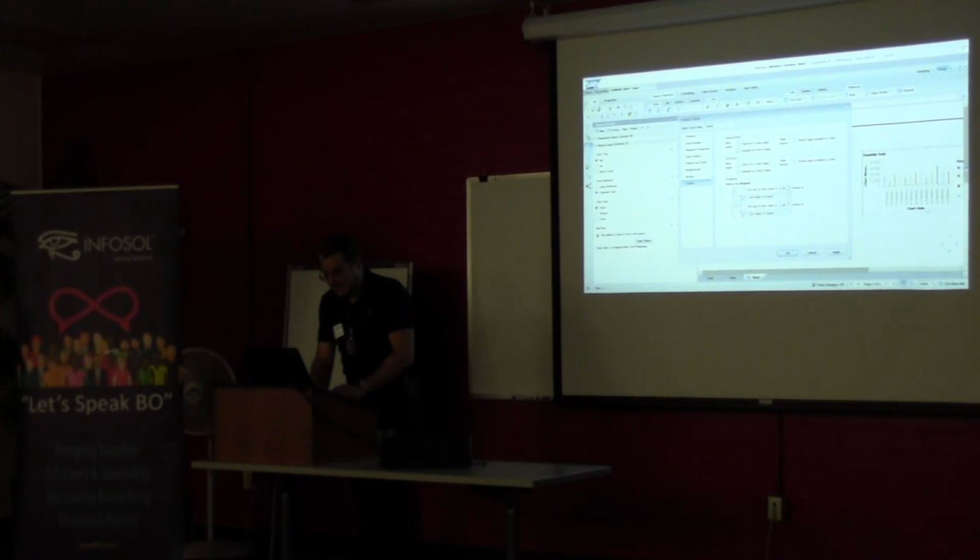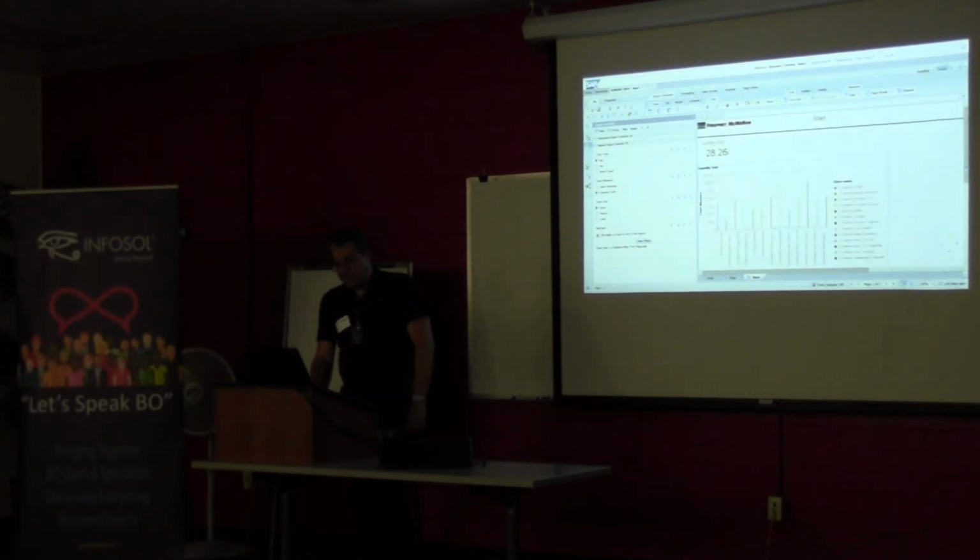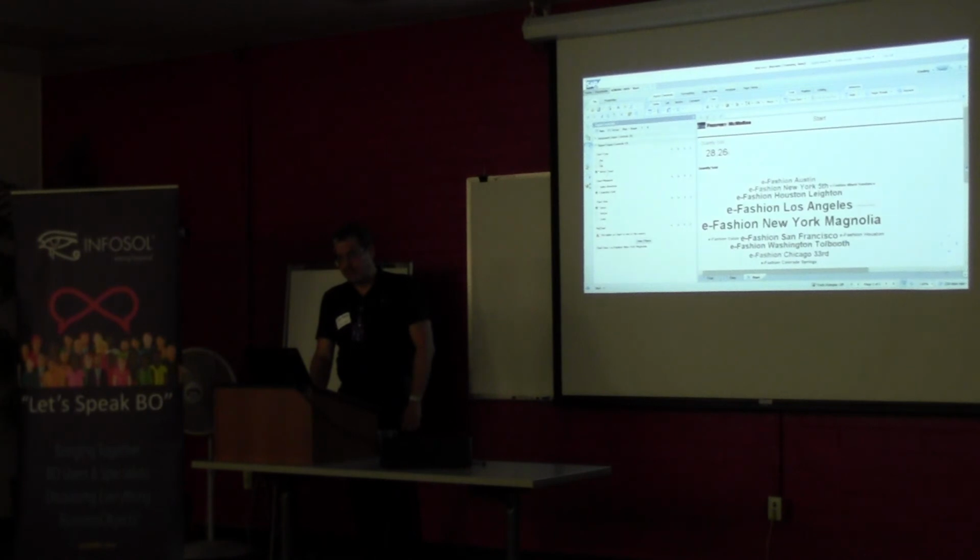And then we say 0 from the left and 0 inches from the bottom side of the tile. And apply. Now if I want to see a pie, I will see my pie. I want to see word cloud, it will be a word cloud. I want to see a bar, it will be a bar chart.